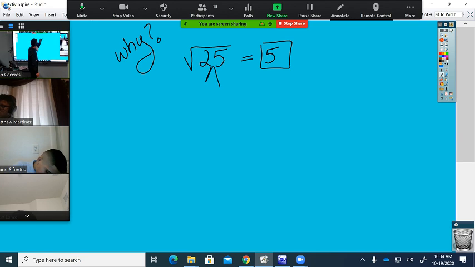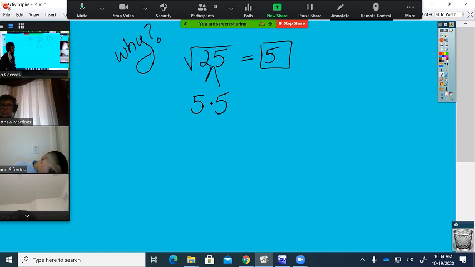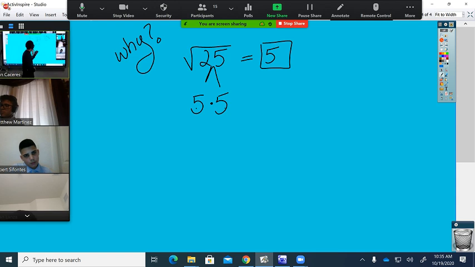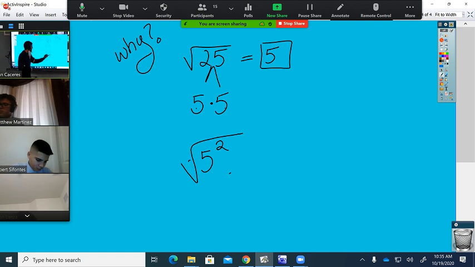Now 25 can be broken down to be what times what? 5 times 5. Right? Now any number multiplied by itself can be written as a square, correct? And you have a square root on it. What happens to the square now that there's a square root on it?